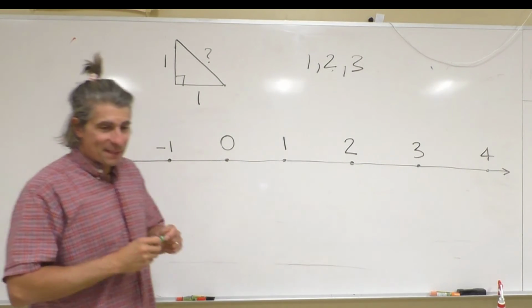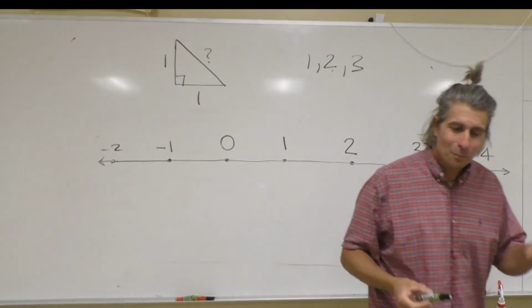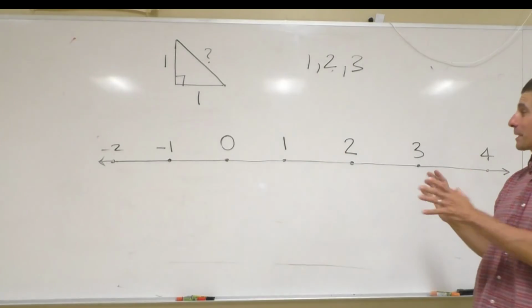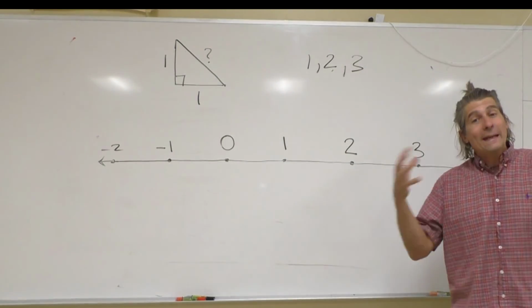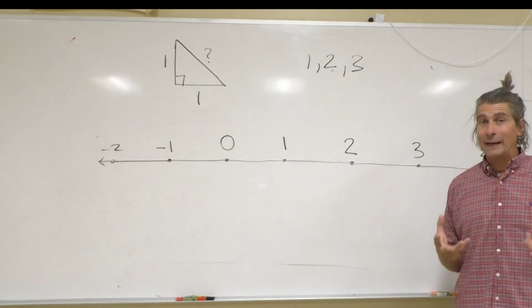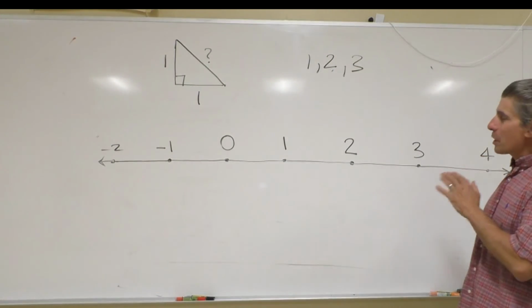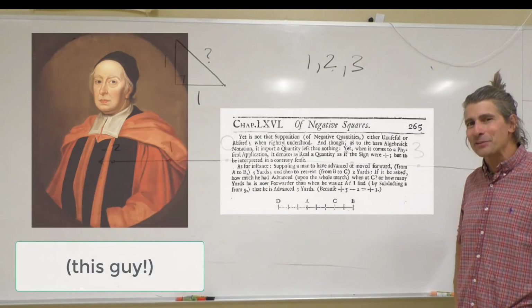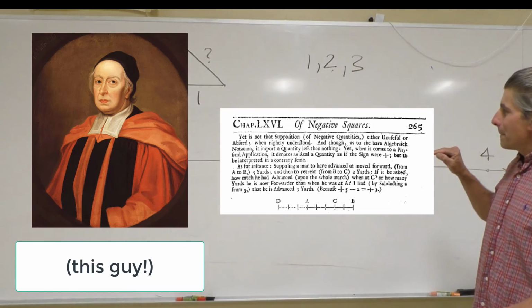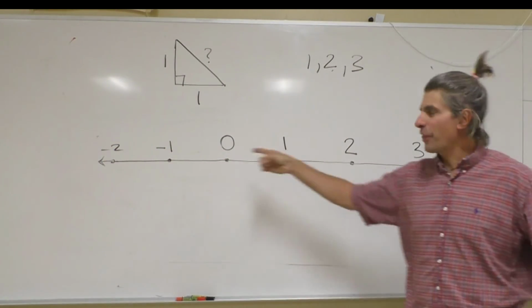You can live in between the spaces, and this of course goes forever as far as you need it to go. What I find super interesting about this line is that I don't think we're done with it yet. We're done with it for what we need to talk about in our culture right now. But when I look at the number line, and I forget the name of the guy who invented it, I looked it up when prepping this video and have since forgotten it, I notice this is a one-dimensional thing.